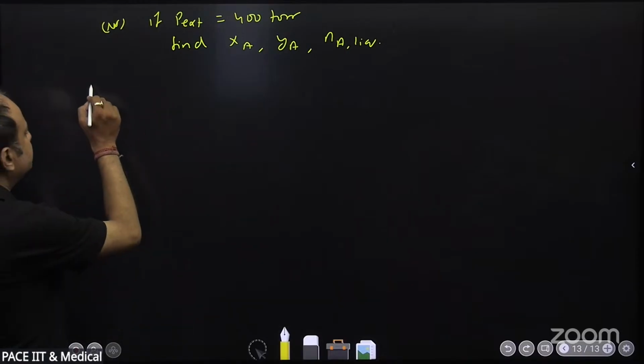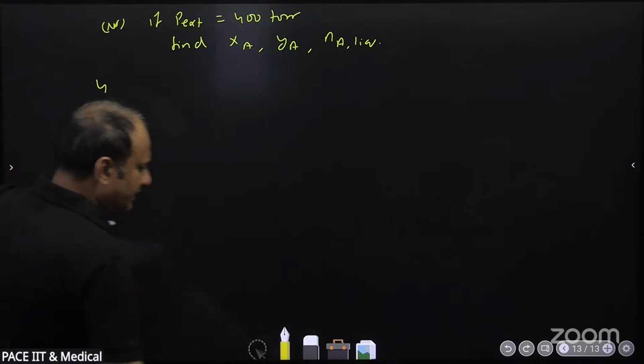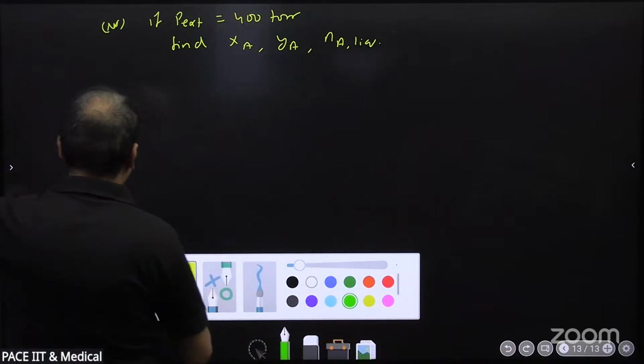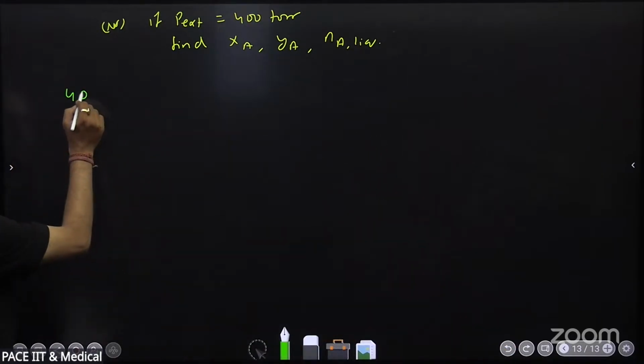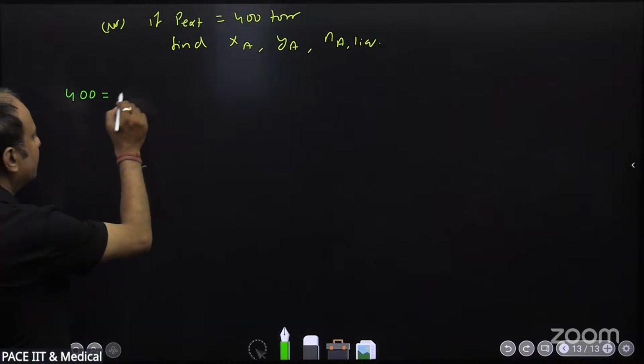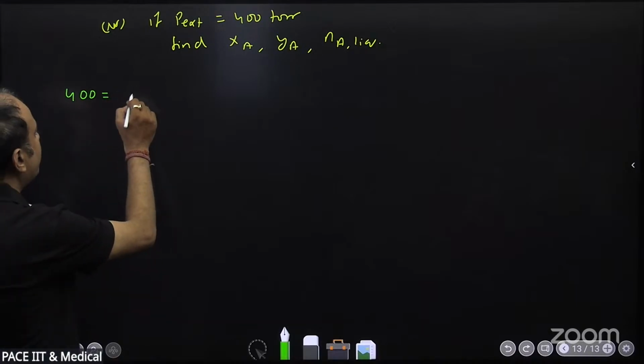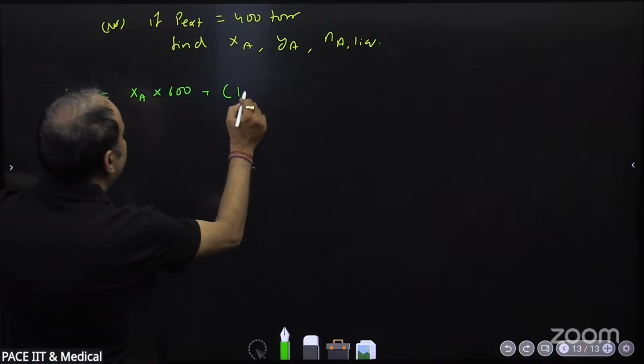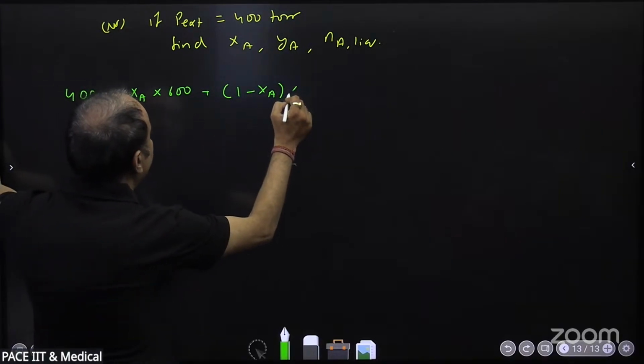So let's see. P external is 400. So it means the total pressure of the solution has to be 400. So I write the equation: 400 is equal to XA PA naught plus 1 minus XA PB naught.